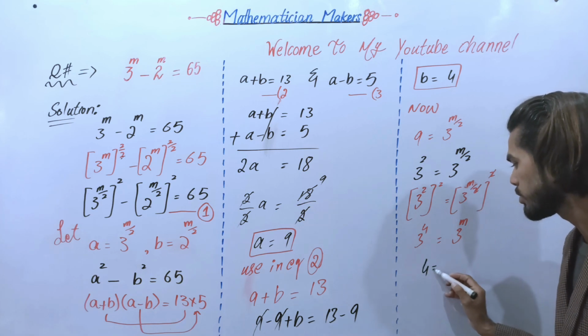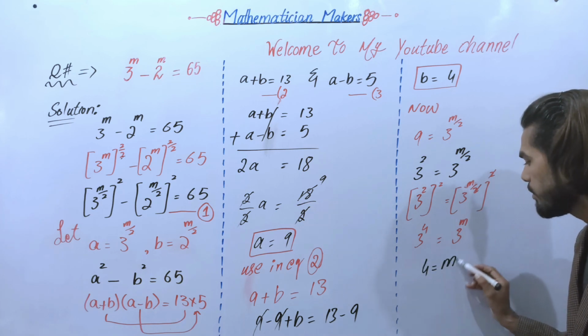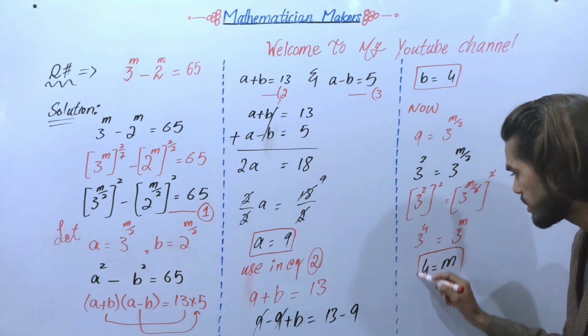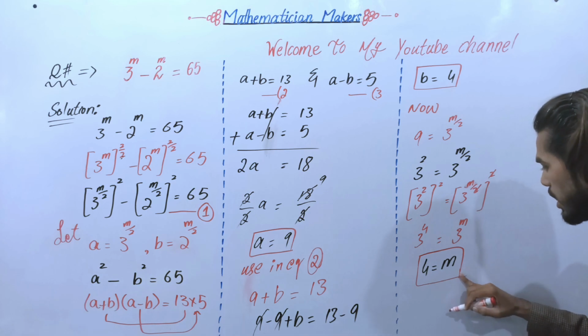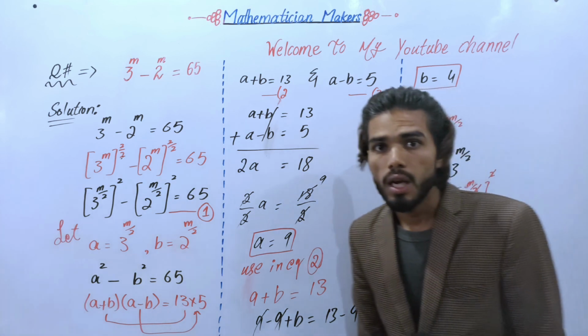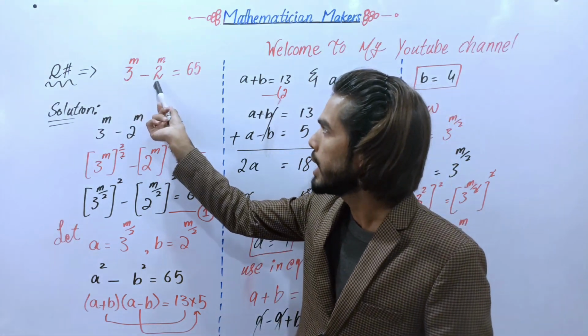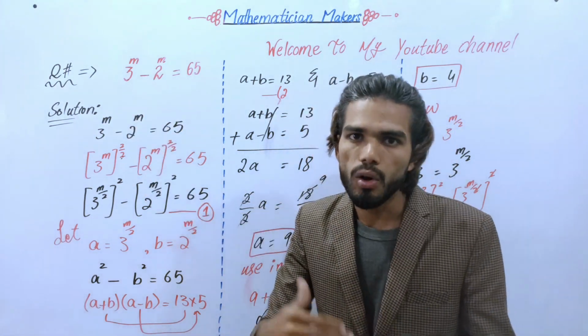So 4 is equal to m, which is the value required in the question. We have found the value of m.